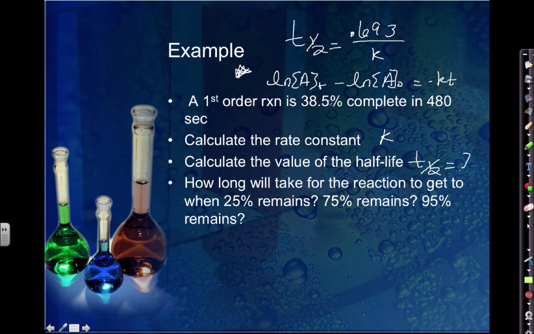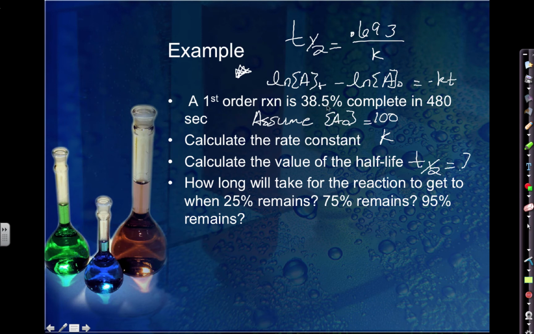The good thing is here with a percentage, we can assume we started with 100. Let's just assume our initial concentration is equal to 100. Because it's a percentage, I can do that.